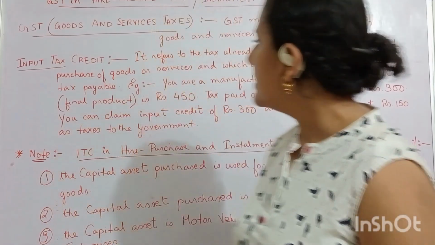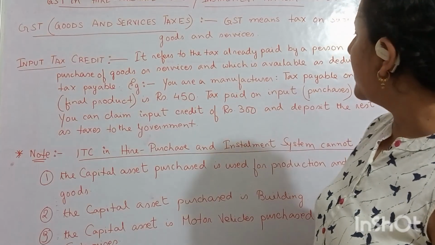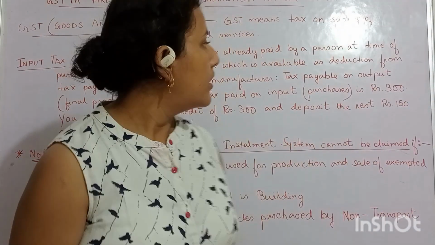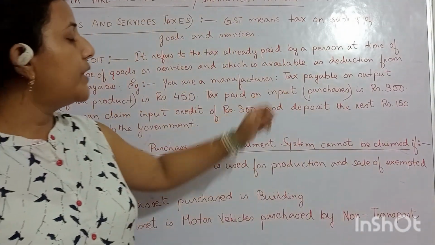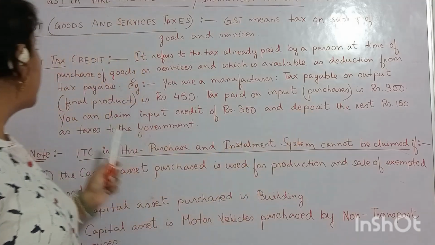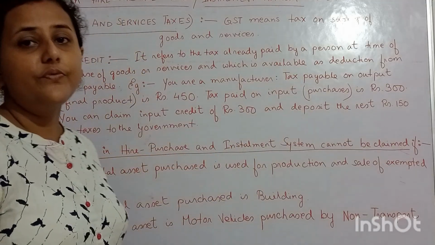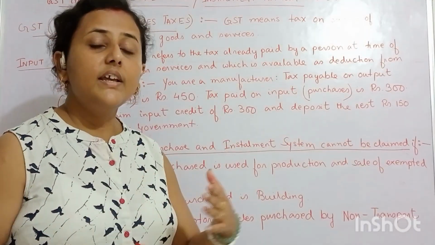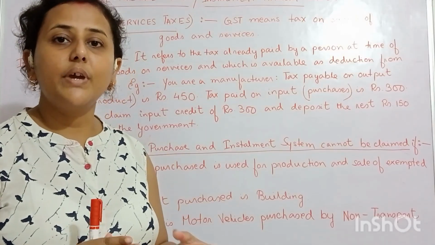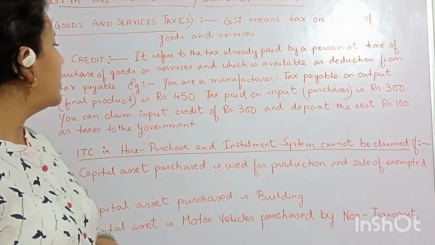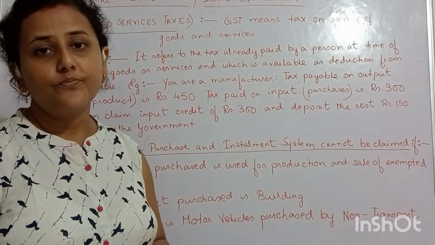Here is an example. Tax payable on output final product is rupees 450. So on the sale of the product, the manufacturer is going to receive rupees 450.